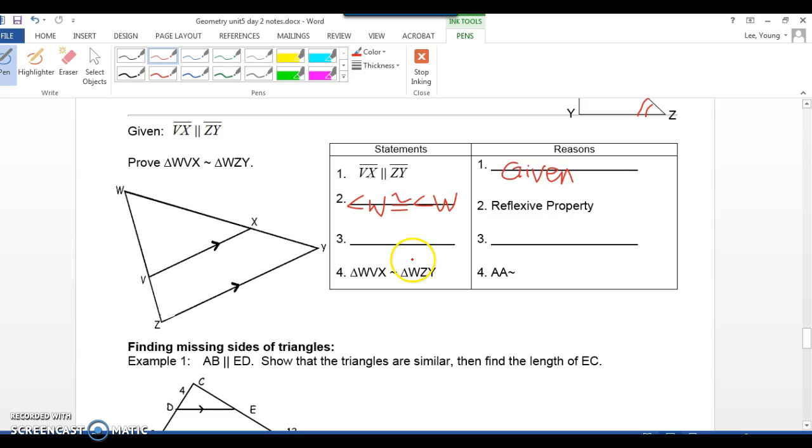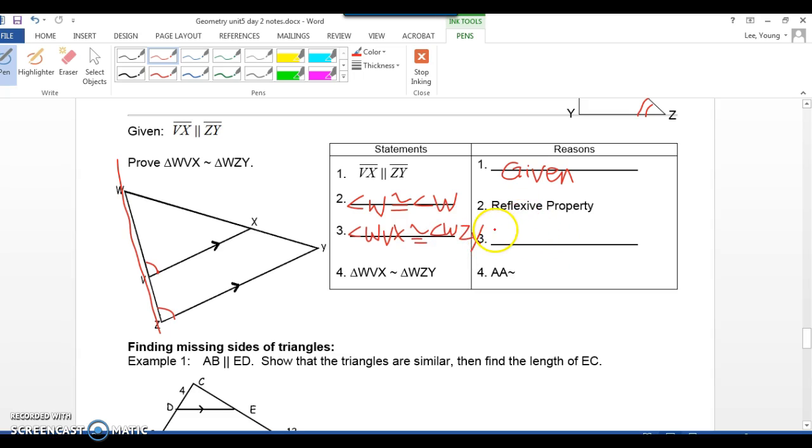In order to say angle similarities, we need to find one more pair of angles that are congruent. And given is VX is parallel to ZY. So VX and ZY are parallel, so WZ is a transversal of those two parallel lines. Can we say this angle is congruent to this angle? So angle WVX is congruent to angle WZY.